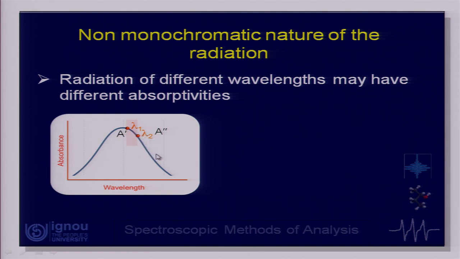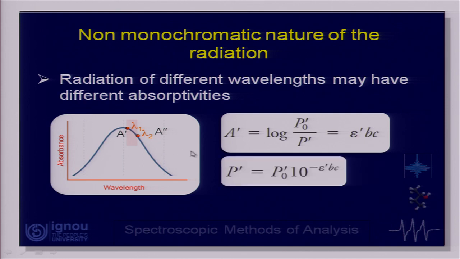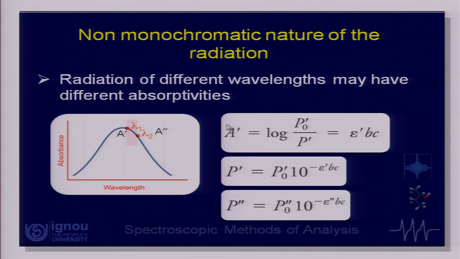So what happens as a consequence is that, if you recall from our Beer-Lambert law and arrange it differently, A prime, the absorbance at lambda 1, is log of P naught prime by P prime, equal to epsilon prime b c. If I rearrange that, P prime is equal to P naught prime times 10 to the power minus epsilon prime b c, and similarly for P double prime.